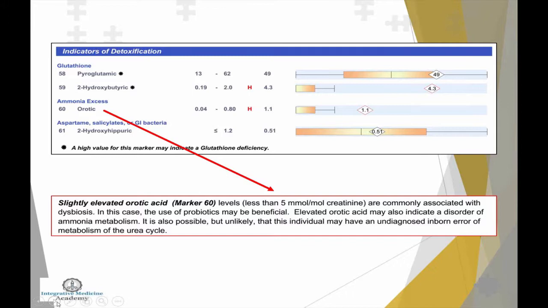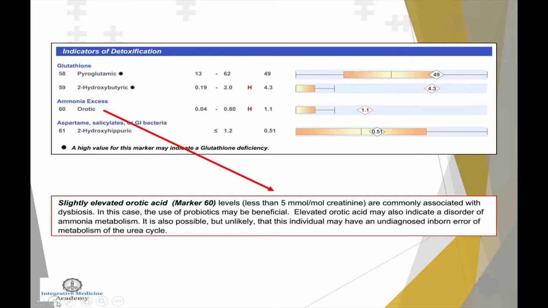That purely could be coming about because of some kind of imbalance in the gut from bacteria. Okay, so if you've got elevated bacterial levels on the bacterial section, that might be what's causing it, or just protein maldigestion in general. Most of the time, the levels are pretty minimal. I very rarely ever see levels of orotic above 5. Okay, most of the time they're like this, 1.1, 1.3, 2.3, somewhere around there.